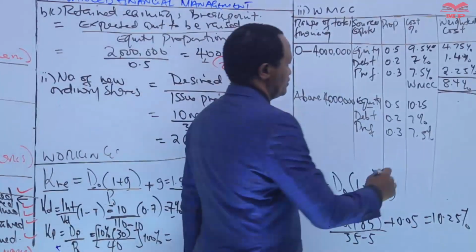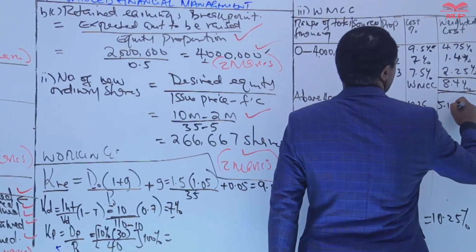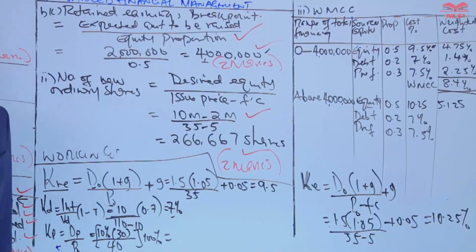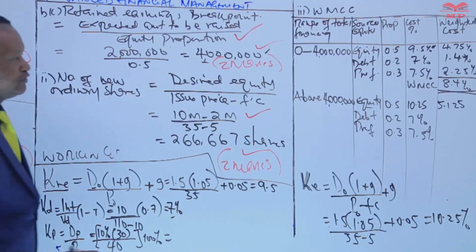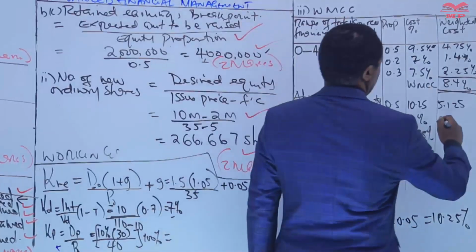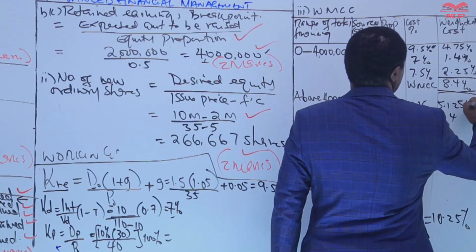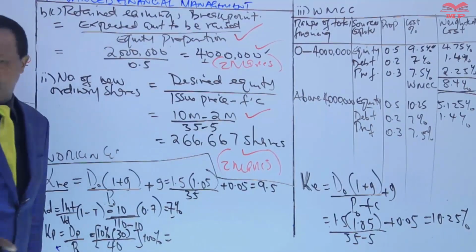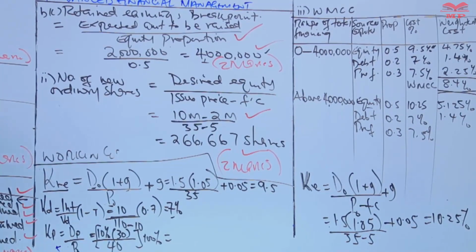5.125. Weighted cost of debt, 1.4%. Preference, 2.25%.